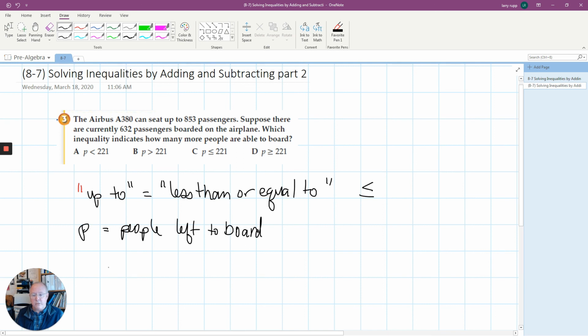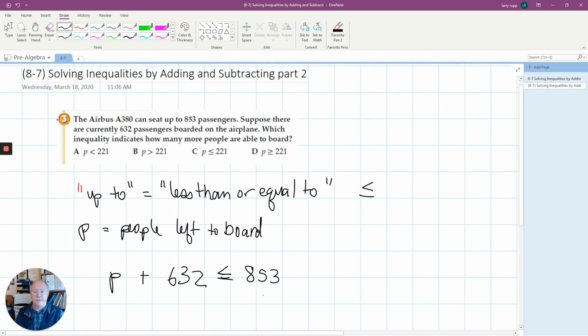So we just write that out. So we have P is the people left to board plus 632. Those are the passengers already on the board. And that has to, not equal, that has to be less than or equal to what? The total.